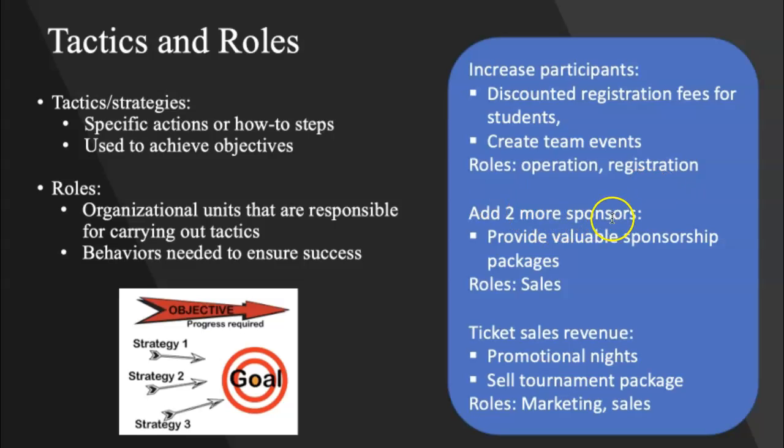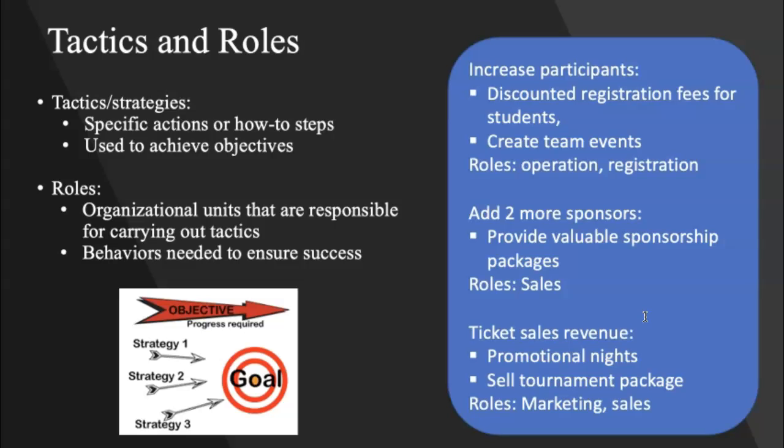To add more sponsors, what we can do is provide valuable sponsorship packages, reach out to potential sponsors and provide them more benefits. So who should be responsible for this particular strategy? It's the sales team.